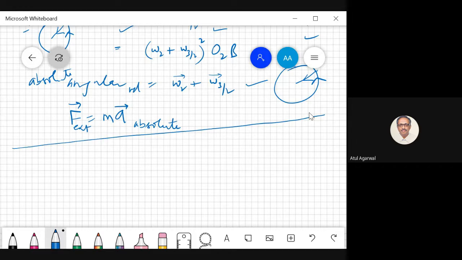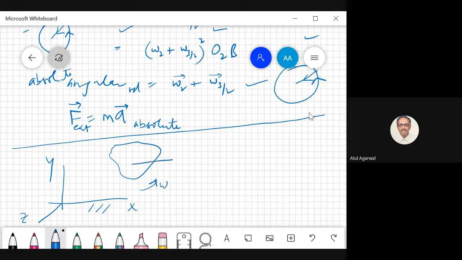So what I did till now is... Okay, one more thing I do. You have a fixed frame. You have a body going around with angular velocity omega. And we take a frame fixed, embedded in the body. But we say this frame has angular velocity omega.